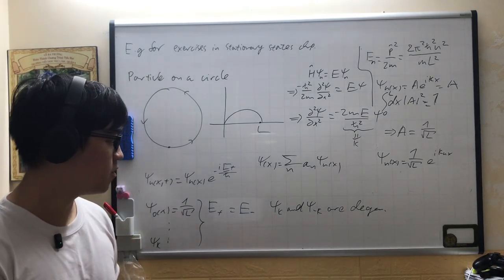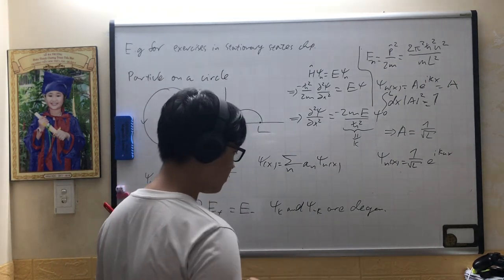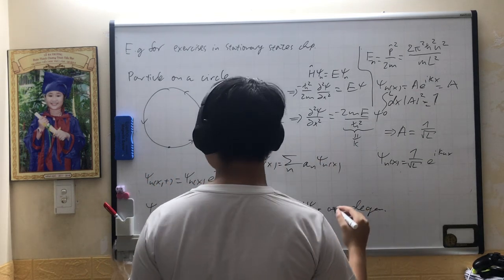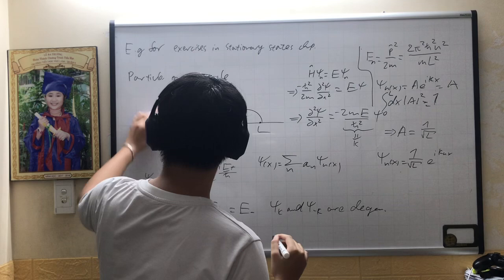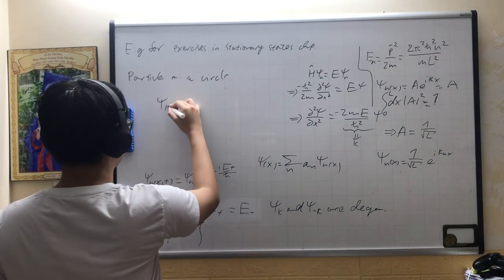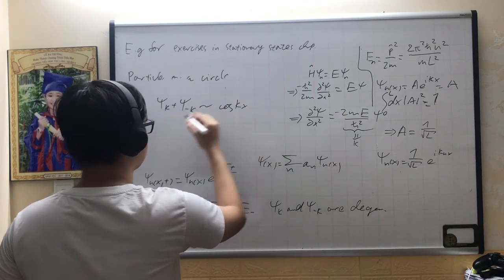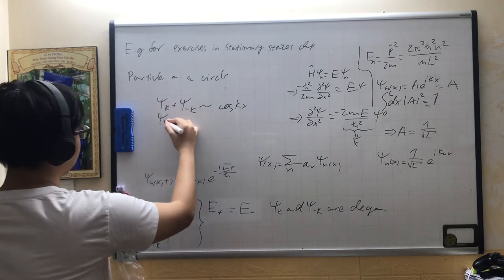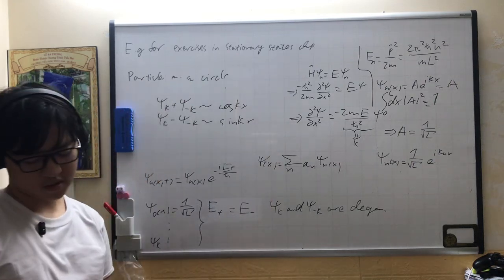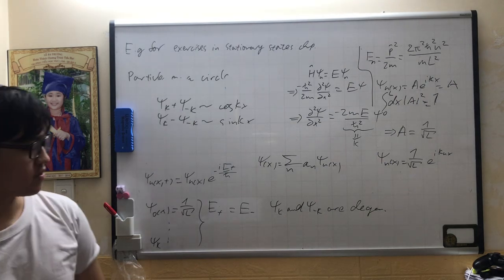With these, you would have the property that your psi of k plus your psi of minus k would be proportional to the cosine kx, and the difference would be proportional to the sine. And these are the properties of the energy eigenstates of these sorts of wave functions.